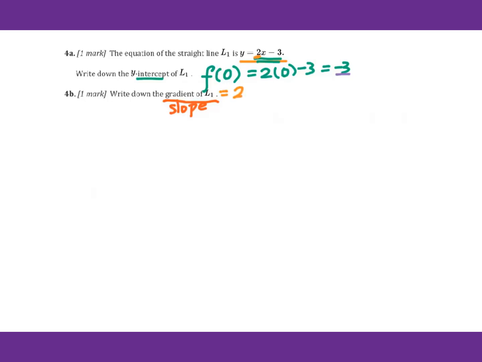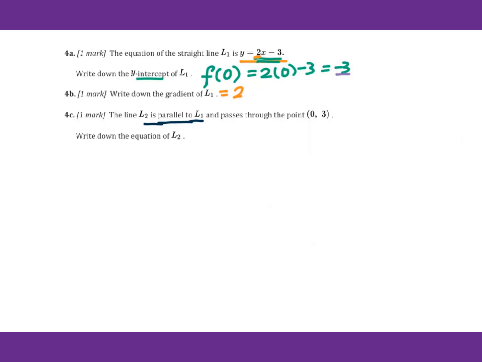This is the slope. For C, the line L2 is parallel to L1. Parallel means the slopes are equal, and it passes through the point (0, 3). Write down the equation of L2. This is x1, y1. Parallel, so the slope equals 2.